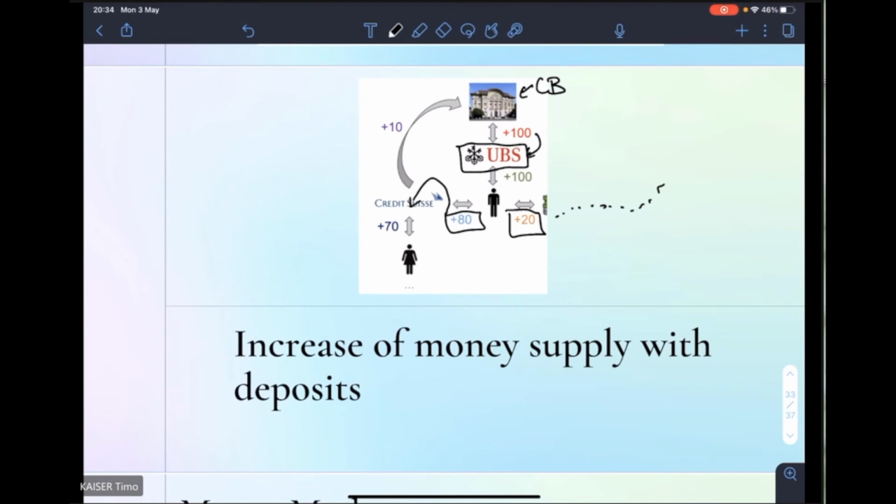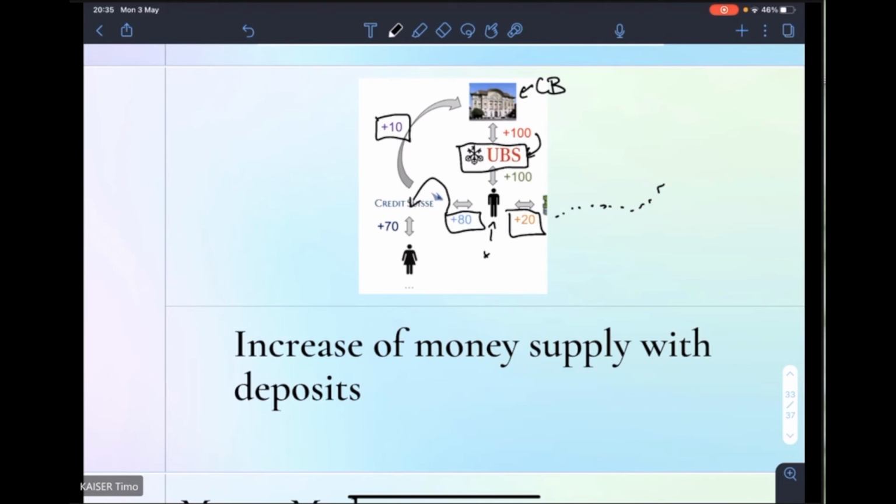They always have to keep a part in their deposit account. And the amount that needs to be kept at Credit Suisse for customer X, for example, is determined by the central bank. In this case, this would be 10 francs. This is just a percentage of the 80, and the central bank decides on it. This would be the deposit rate.